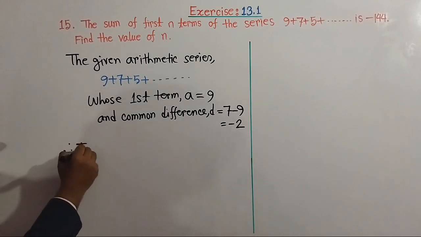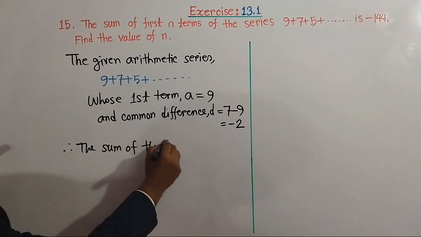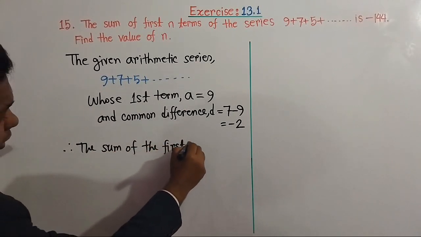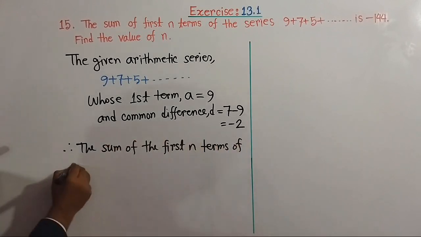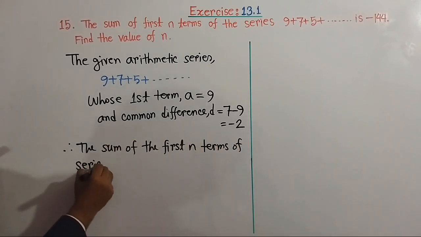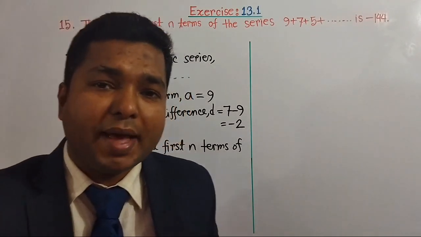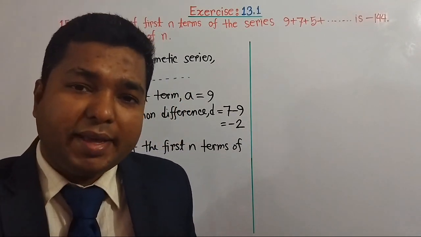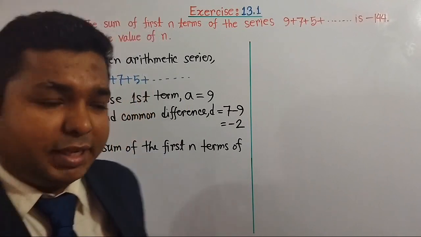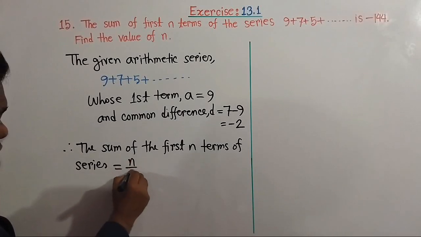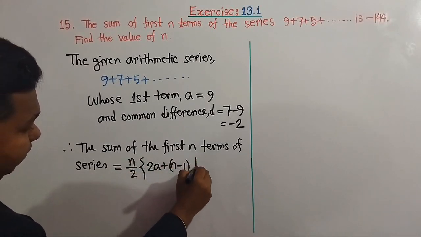So the sum of the first n terms of the given series equal to, you all know the formula of sum of arithmetic series, and the formula is n by 2 into 2a plus n minus 1 into d.